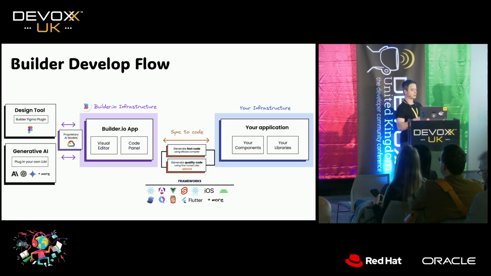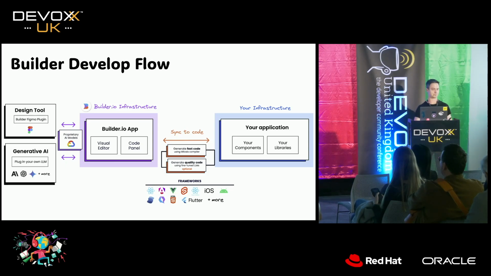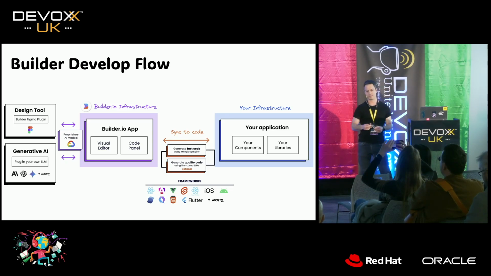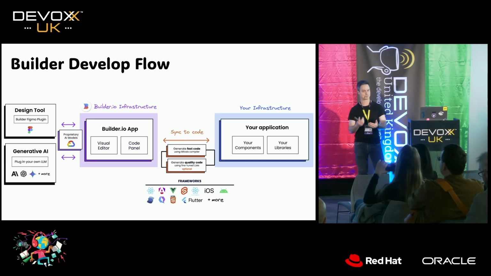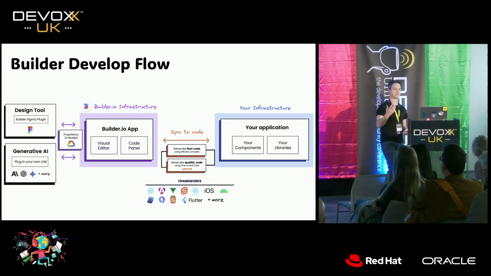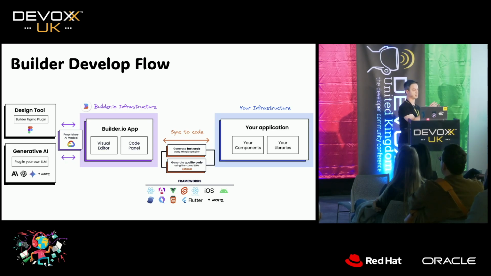We can see here an overview of a typical flow. Builder.io, the company, provides a so-called Develop flow. Develop is an AI-powered design-to-code flow or process that allows us to start from Figma, and thanks to the Figma plugin, we can extract a Figma component into the Builder.io infrastructure, also called the Builder.io space.